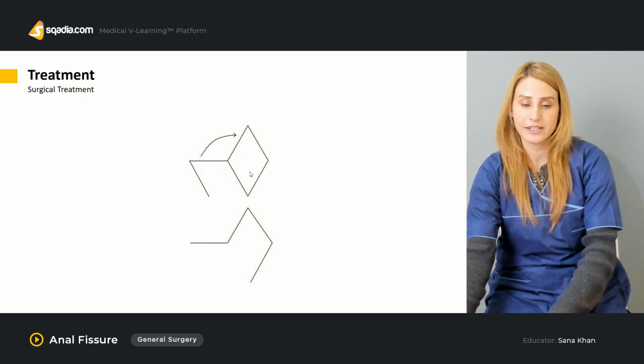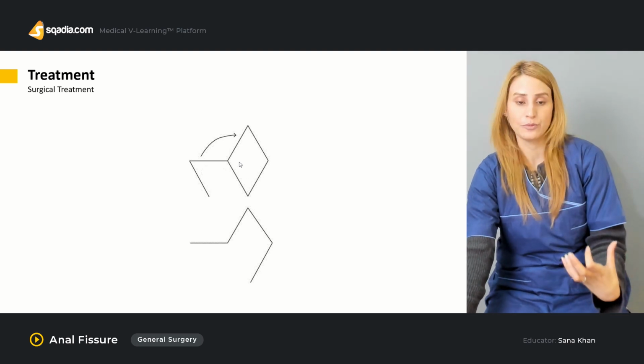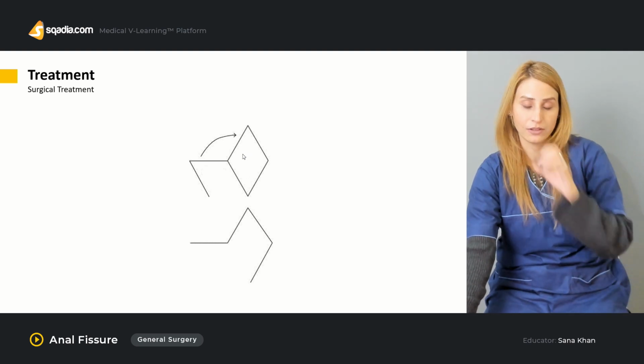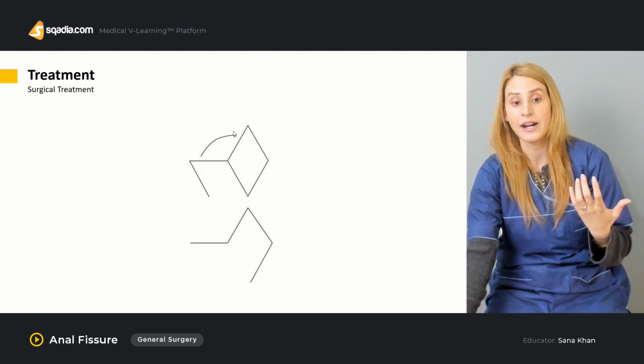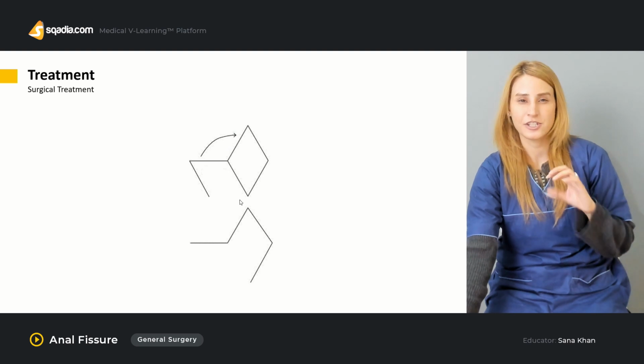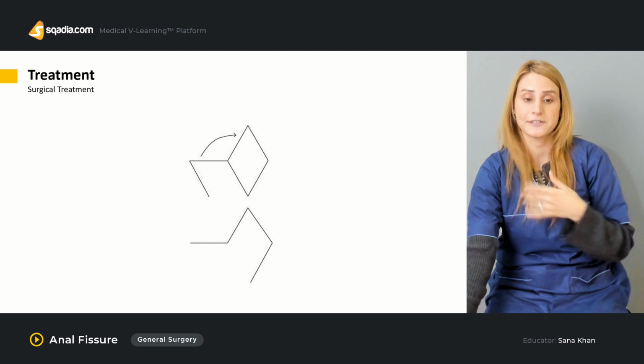Let's suppose this was the anal area, and the lesion was huge, involving the whole of the anal orifice. How are you going to do the anal repair? You give a diamond-shaped incision. It's a rhomboid flap, which is also used in the case of the pilonidal sinus.